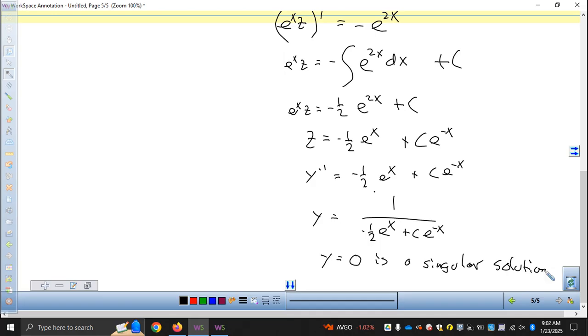We would not get y equals 0 from plugging in some value for that constant. Questions on Bernoulli equations?